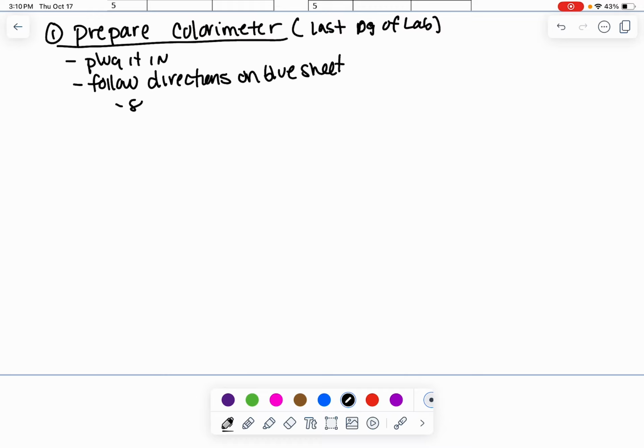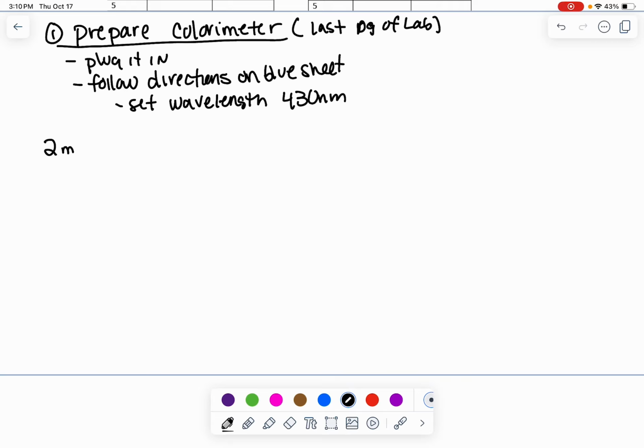You're going to set the wavelength at 430 nanometers. I don't need to write through all this because you can follow the directions. I'm just going to show you in a picture what you're going to do. Once you plug it in and it warms up, you follow the directions on the blue sheet, which tells you how to set the wavelength to 430, and you're going to create a blank.